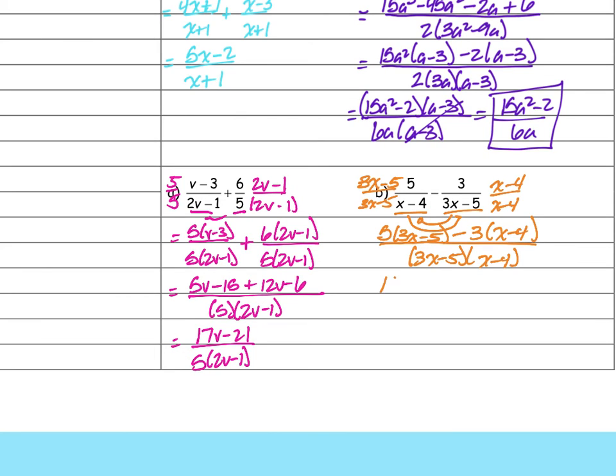So I get 15x minus 25 minus 3x plus 12, all over the factored form of 3x minus 5 times x minus 4. And then this simplifies to 12x minus 13 all over 3x minus 5 times x minus 4. All right, good job.